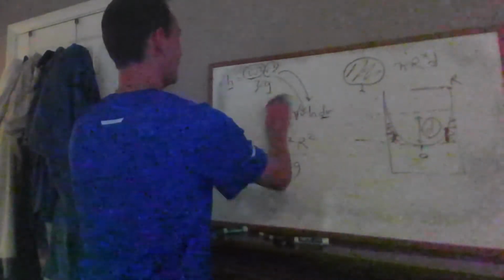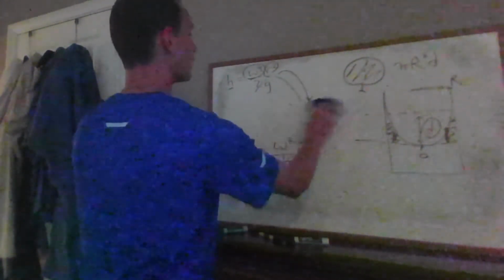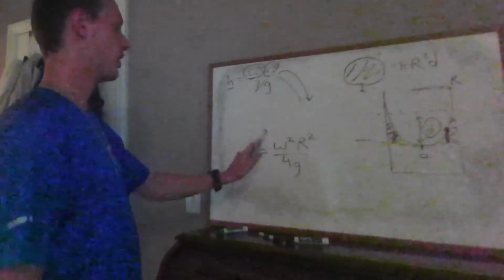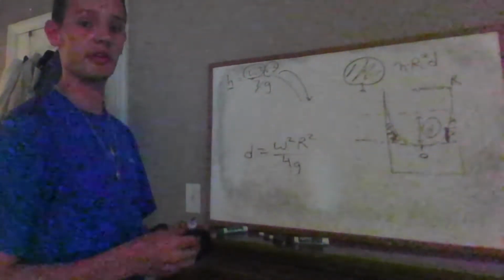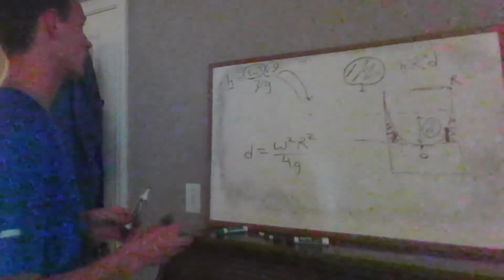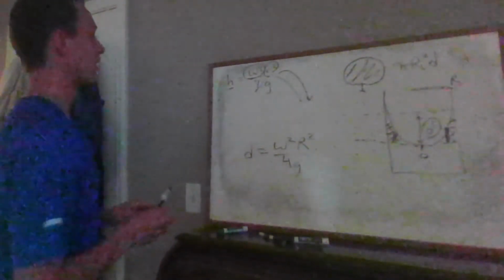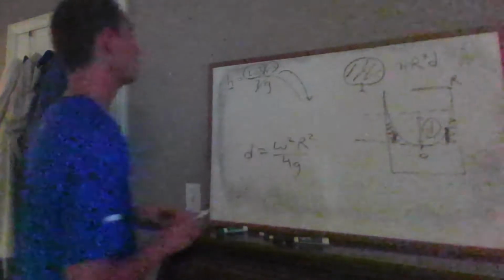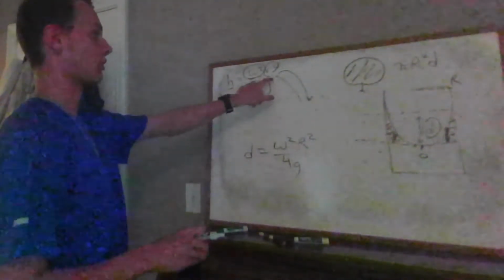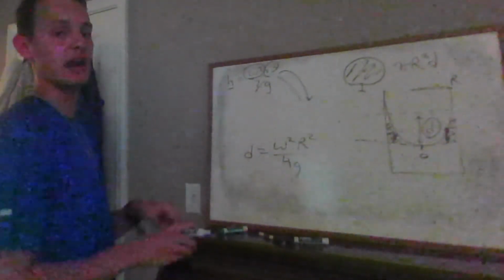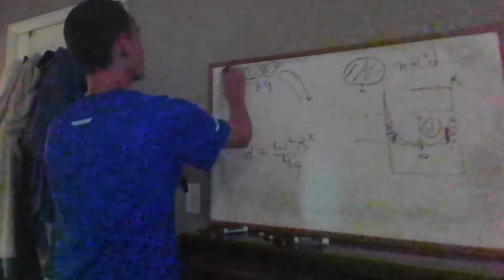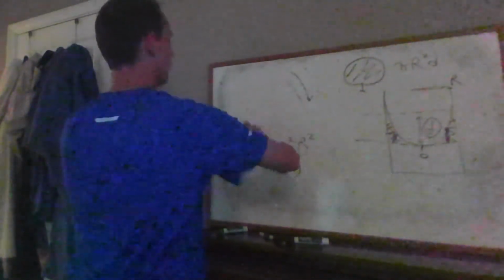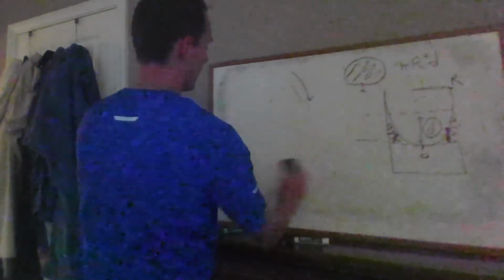This is great because we have an expression for the depression as it changes with the angular velocity at which we spin our turntable. And then we also have an expression for the depth within our fluid, to a certain point, and how that changes with radial position and the angular velocity, which is what we're after. So what do we do next?